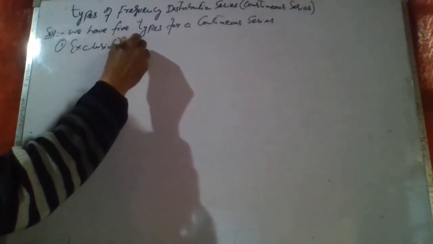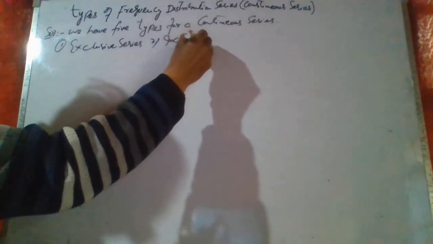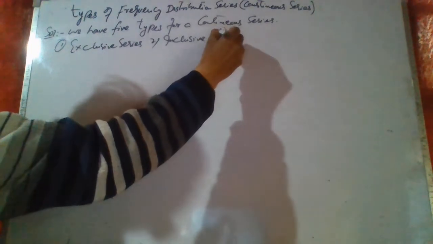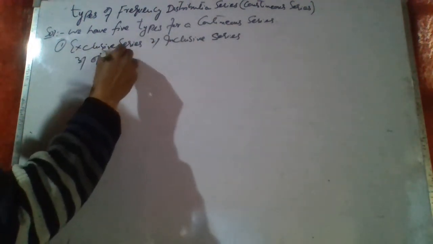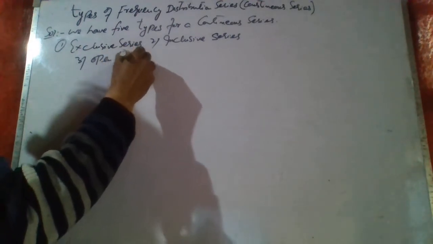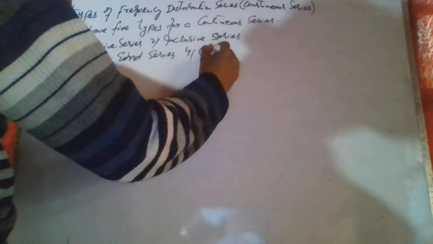Number second is inclusive series. Number third is open end series. Number fourth is cumulative frequency series.